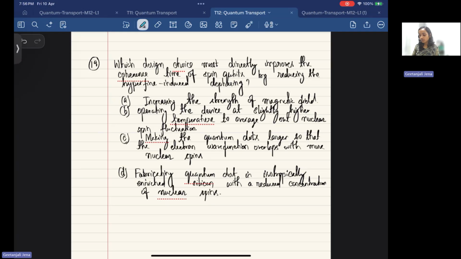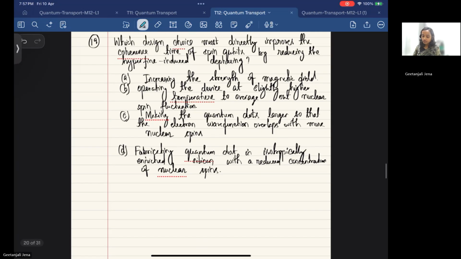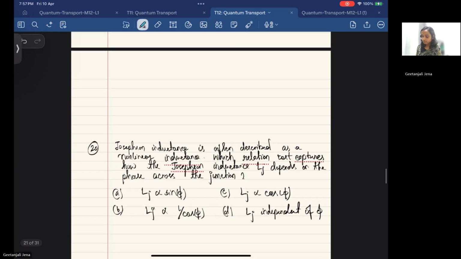Option D, fabricating quantum dots in isotopically enriched silicon with a reduced concentration of nuclear spins. The answer is option D. If you recall, we prefer silicon-based quantum dots because we can minimize the nuclear spin by isotopically purifying the silicon.